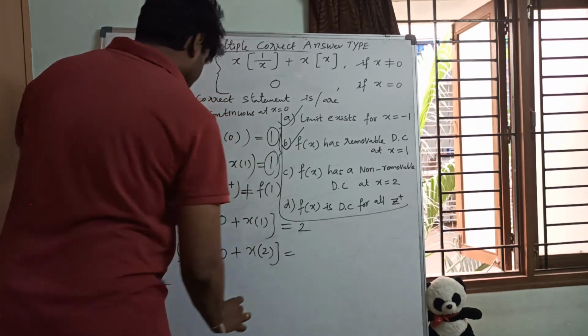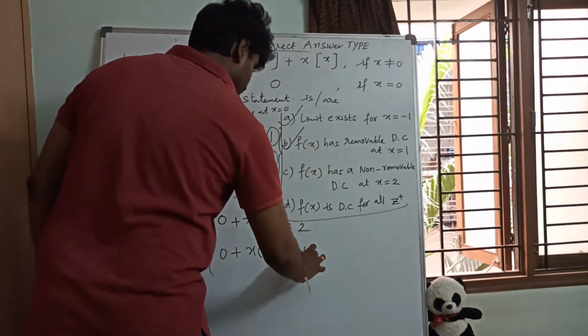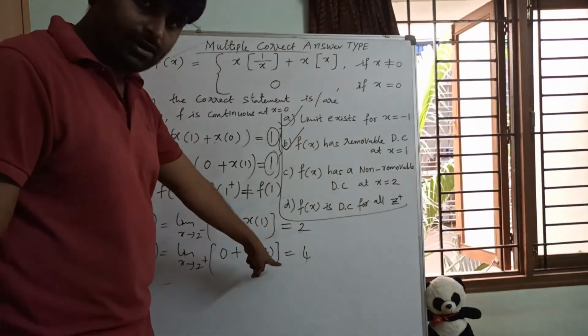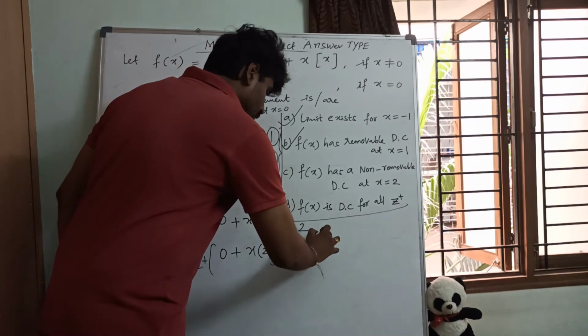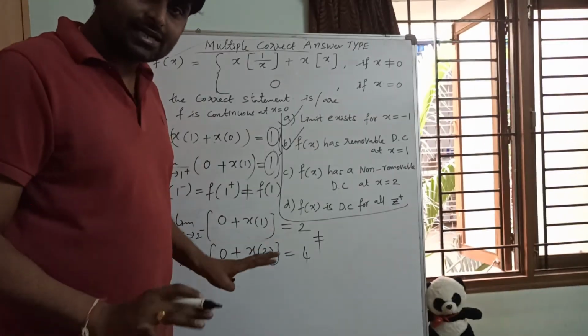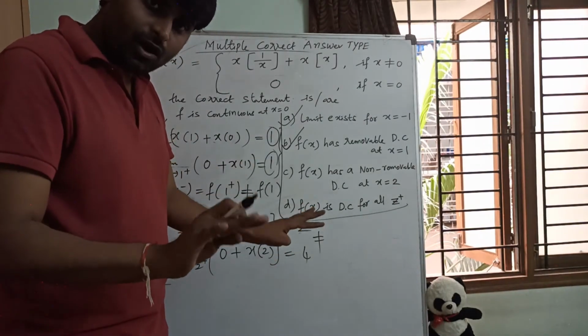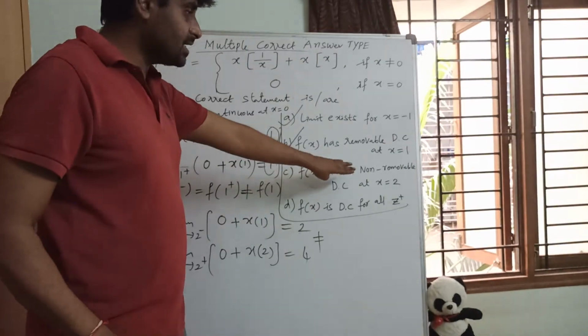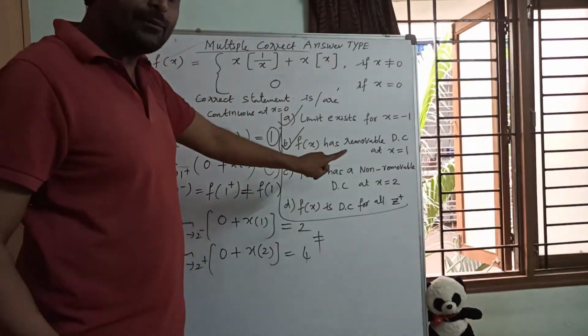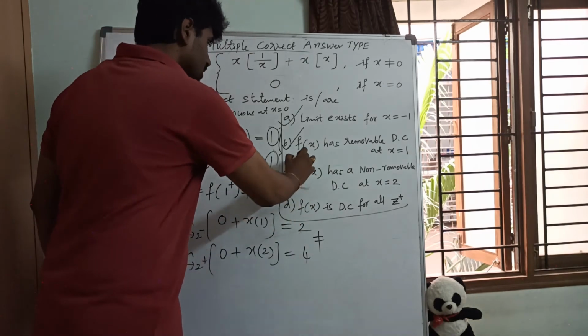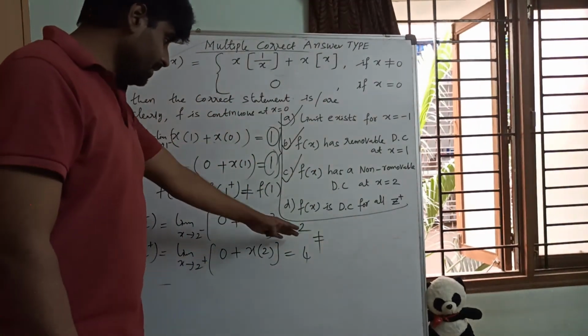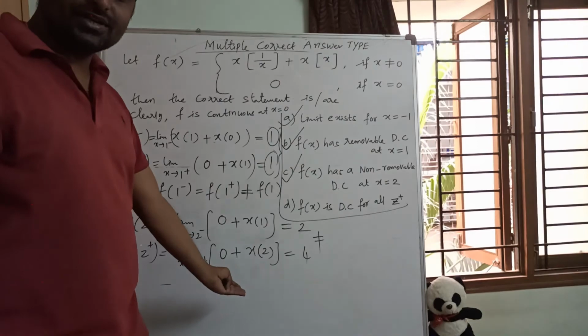Now if you substitute 2 there, 2 twos are 4. Here are LHL, RHL equal? No. LHL, RHL are not equal. Then we can say strictly discontinuous, or irremovable discontinuous, or non-removable discontinuous. This is also correct.